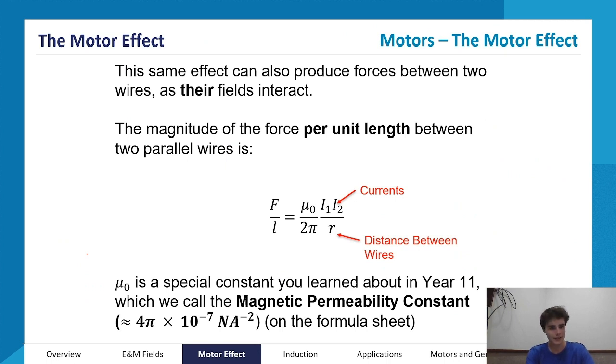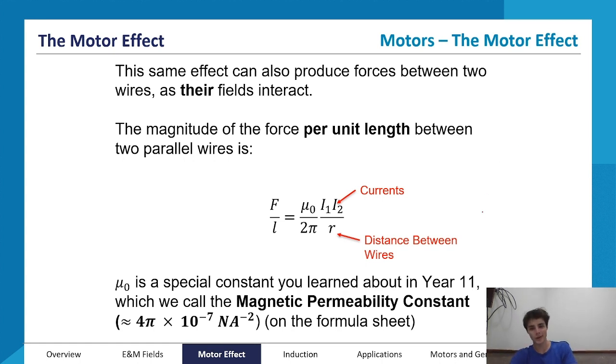Okay, so just like we can have some external magnetic field applying a force onto a wire, if we have two wires that are both producing magnetic fields, we can have some degree of interaction between the two magnetic fields. And this is what we call the force or the interaction between two parallel, or not necessarily parallel, current carrying conductors.